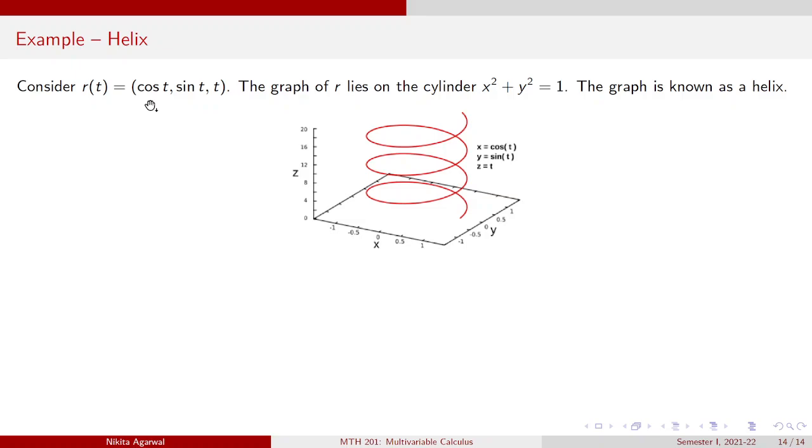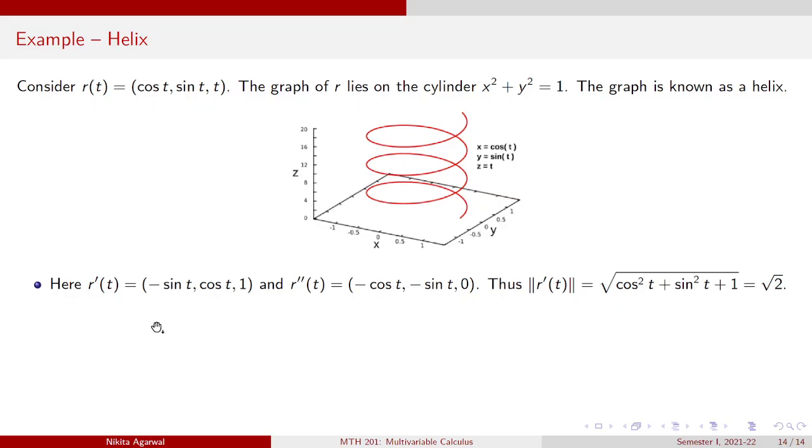Let's say this is the x coordinate, this is the y coordinate, this is the z coordinate. There is a very nice relationship, which is x² plus y² is 1, right? Therefore, when you look at the graph of this function, it lies on the cylinder x² plus y² equal to 1, and this is the image. This graph is known as a helix.